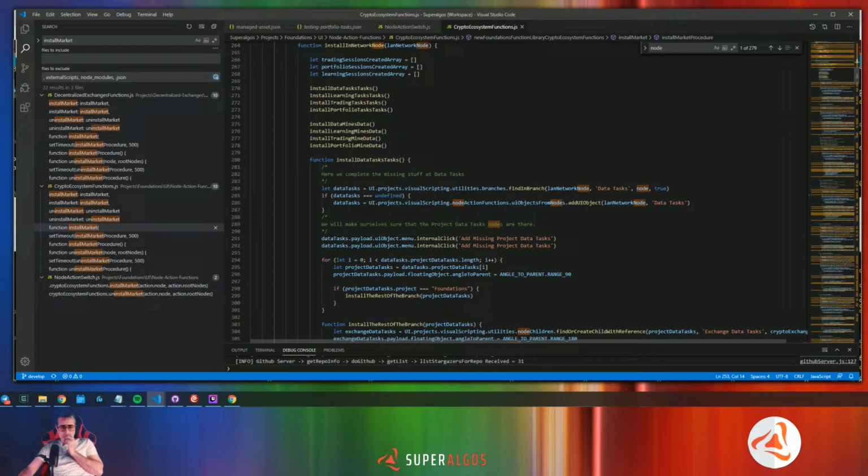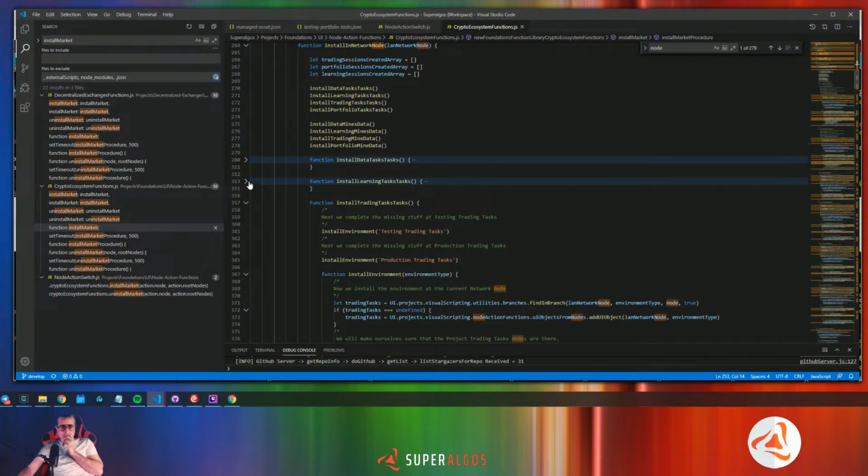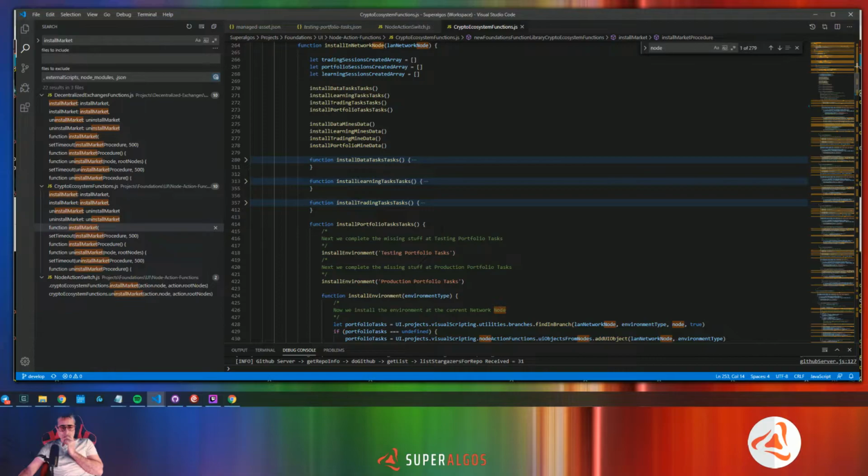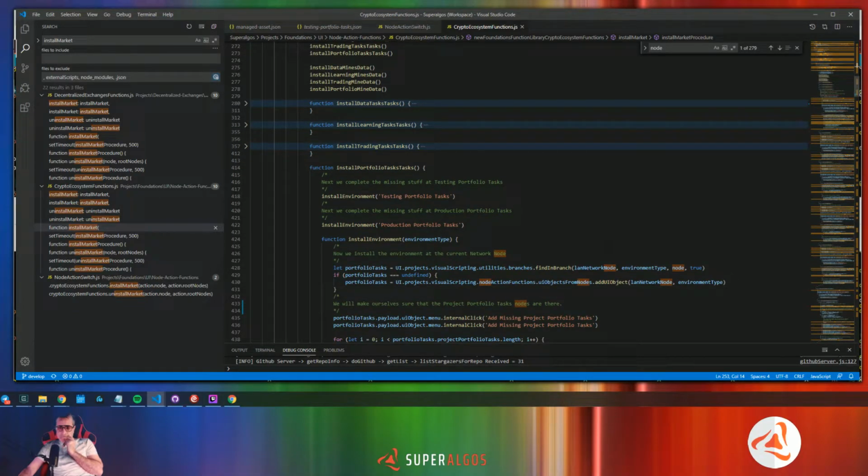Again here, install data tasks, learning, trading. This is the place where the project should be portfolio management.